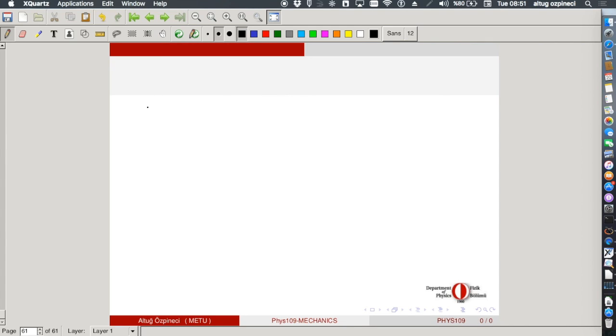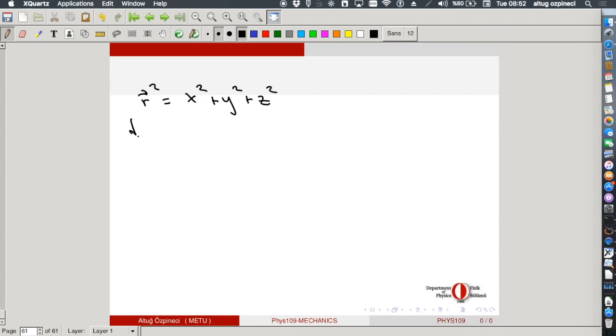Now let's see. R squared, we also know that the scalar product we can also write as, we just multiply the corresponding components and sum them up. This is x squared plus y squared plus z squared.